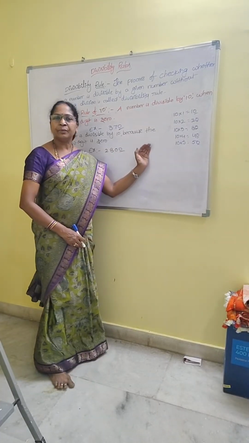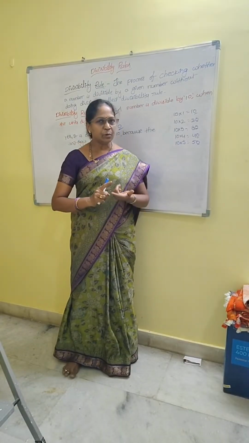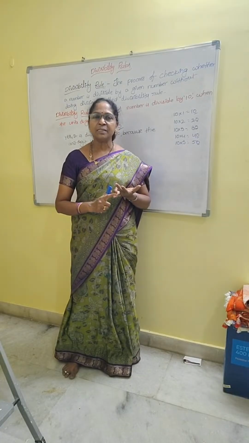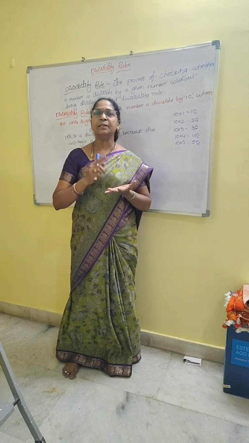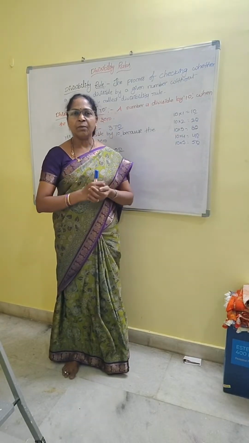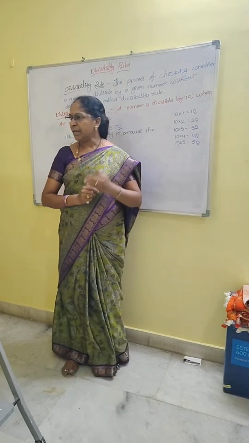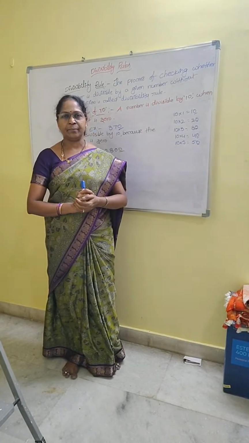So, divisibility rules. Divisibility rule of 2, divisibility rule of 3, divisibility rule of 6, divisibility rule of 5, as well as divisibility rule of 10. These we have already learned. Any more doubts? If you have any doubts in those topics, you can ask me.